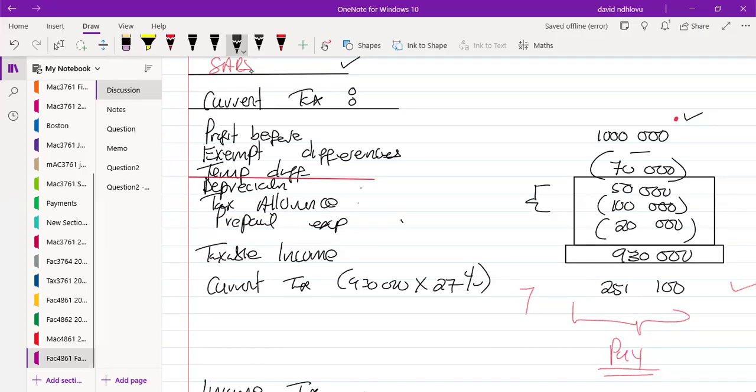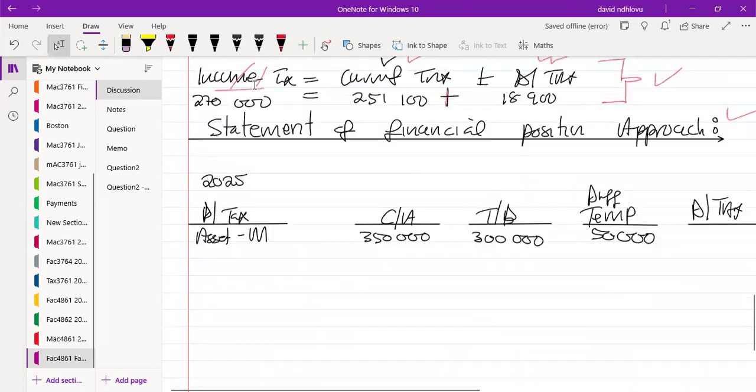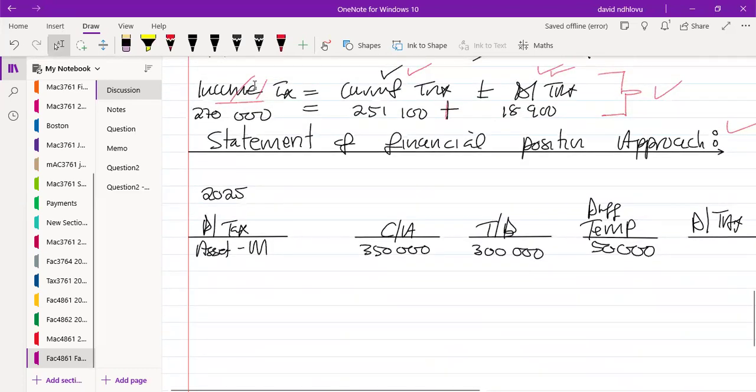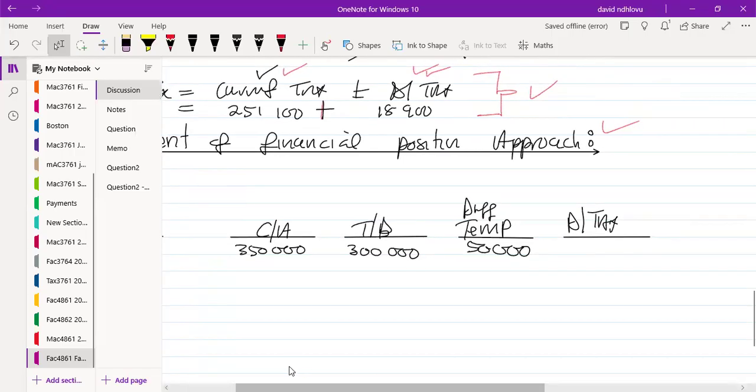So this difference can be calculated via the statement of financial position by simply looking at the asset and asking, what is the carrying amount of the asset? What is the tax base of the asset? We get the temporary difference. From there, if our tax rate is 27%, what will be the impact of that 50,000 on deferred tax?